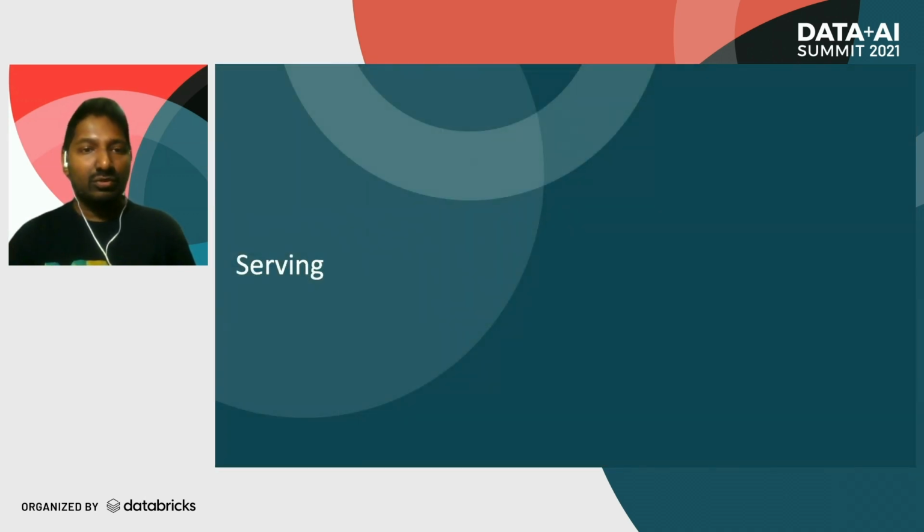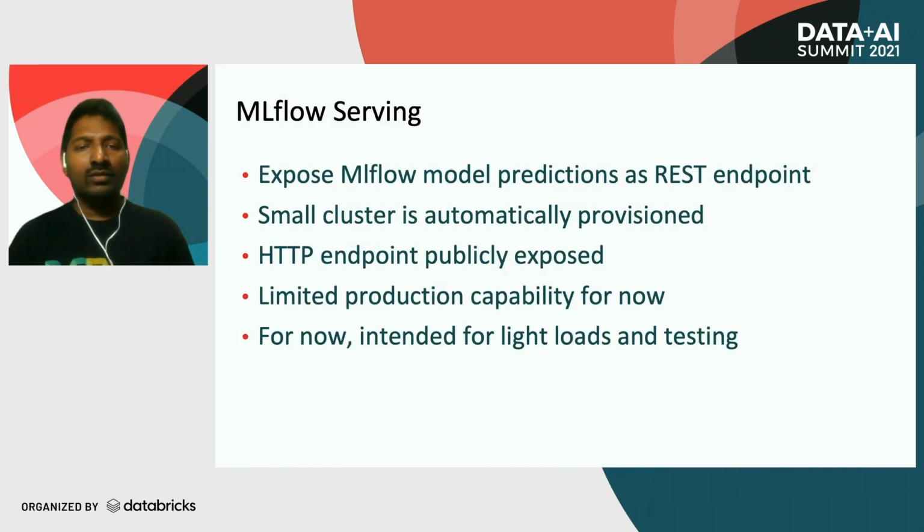So what is MLflow model serving? It exposes a REST API. Whenever you build a model and register it in the project tracking, when you enable serving, it automatically creates a REST API by setting up the cluster behind the scenes. You can configure how you want to do that.